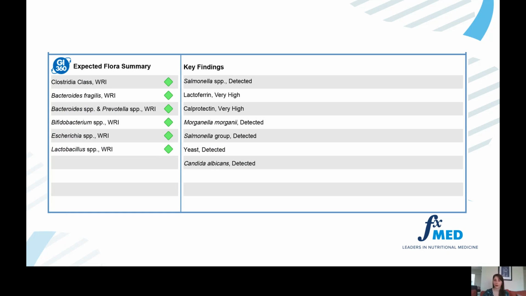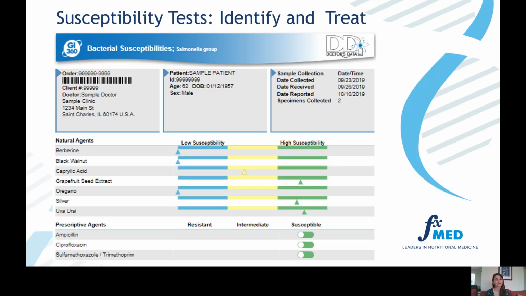GI360 has one of the coolest things that I have seen to support treatment, and we're going to have a look at that now. It's called a susceptibility test. So this test comes with susceptibility testing for bacterial and yeast markers. This first one is to explore the most effective ways to treat the salmonella group.